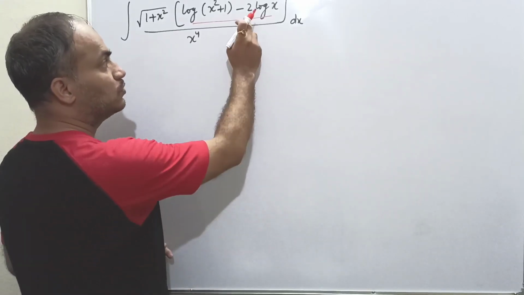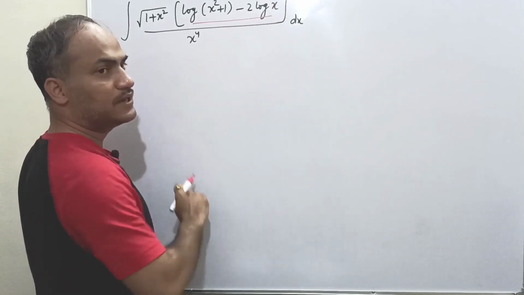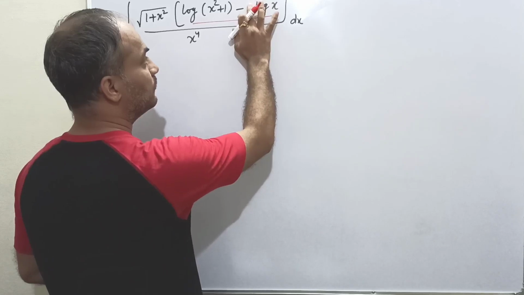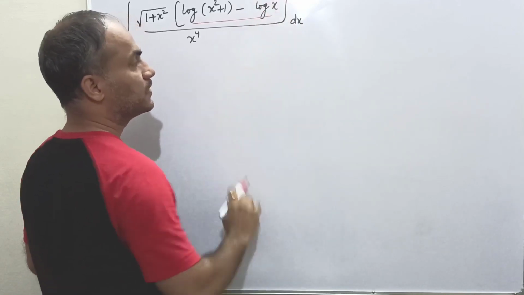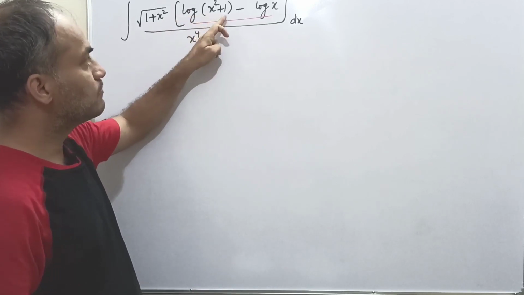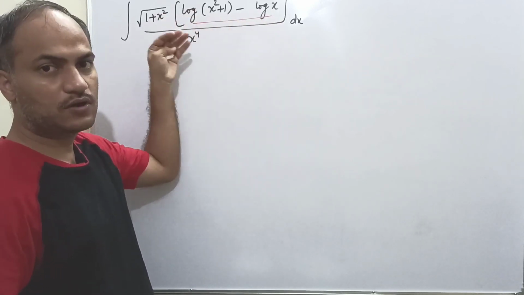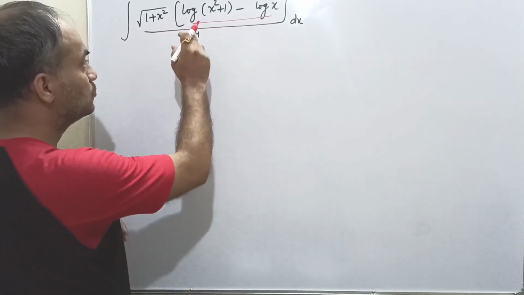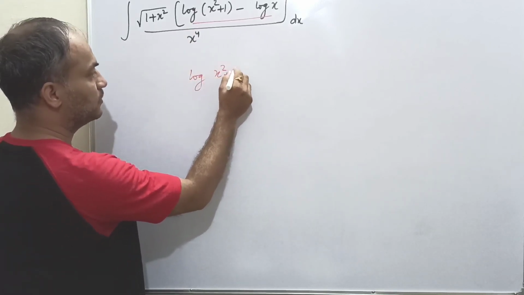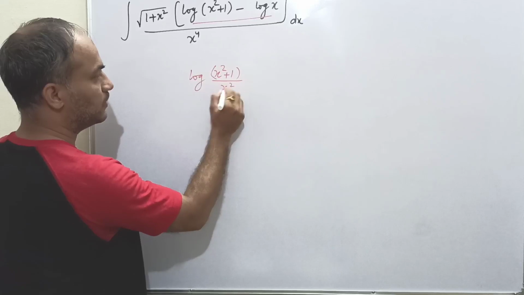We know that log x to the power m is m log x. So this power 2, if we want to apply here, it can be applied. Now one more formula is there: log a minus log b is equal to log a upon b. So we can write this term as log of (x square plus 1) upon x square.